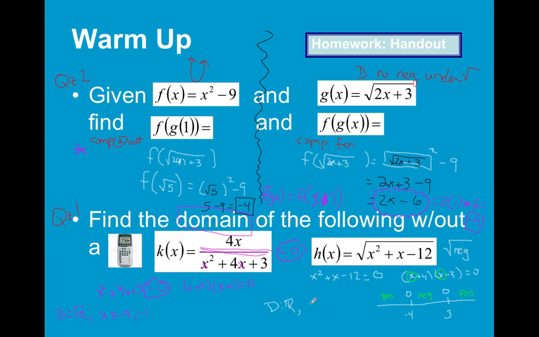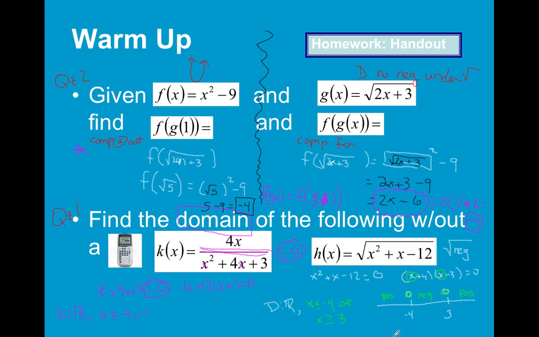So my domain is all where I generate positive numbers, which would be x below and equal to -4, because even though 0 is not positive, it's allowed under a radical, or x is greater than or equal to 3, because even though 0 is not positive, 0 is allowed under a radical.